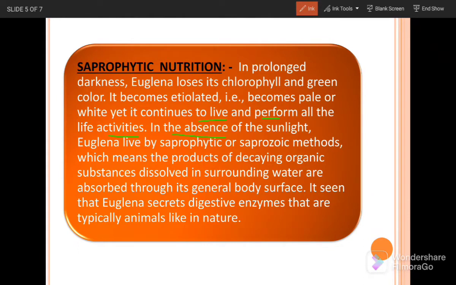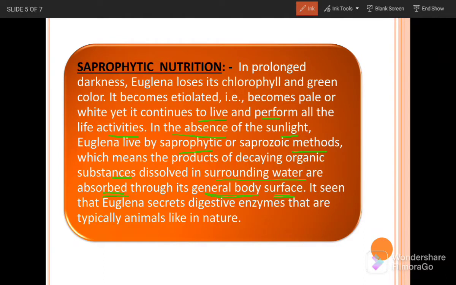In the absence of sunlight, Euglena lives by the saprophytic or saprozoic method, which means the products of decaying organic substances dissolved in the surrounding water are absorbed through its general body surface.